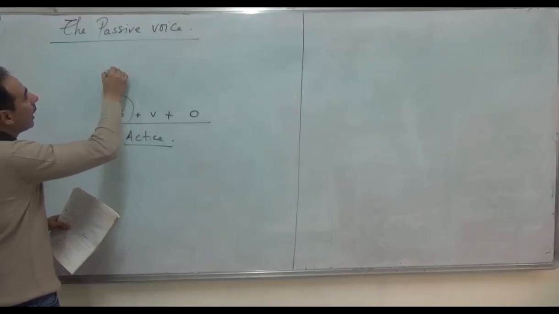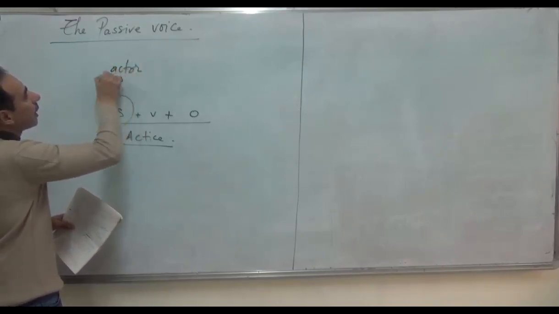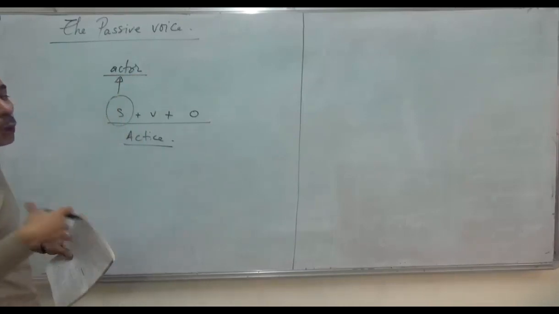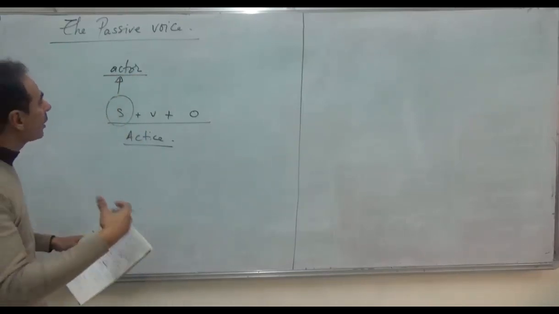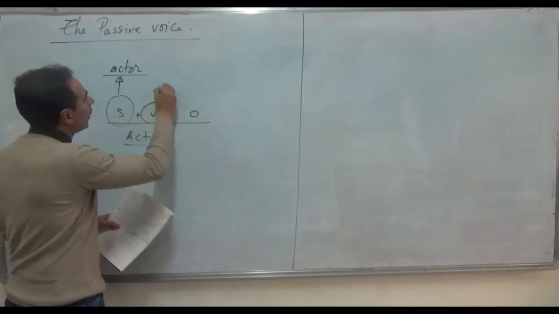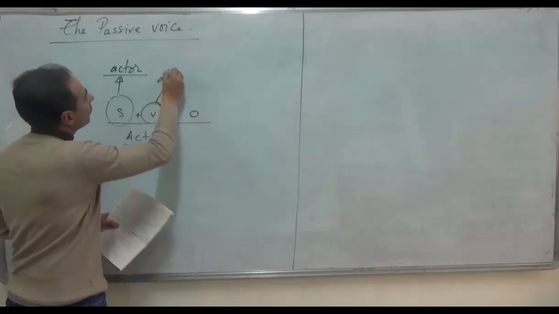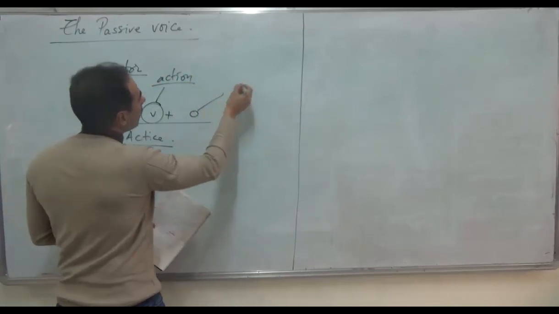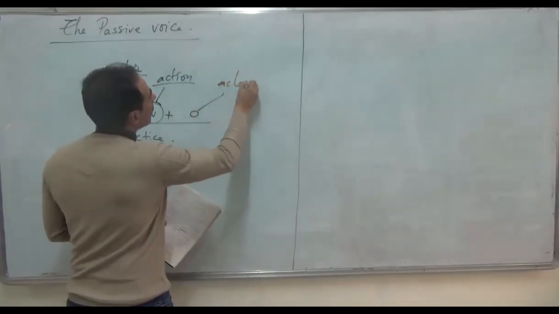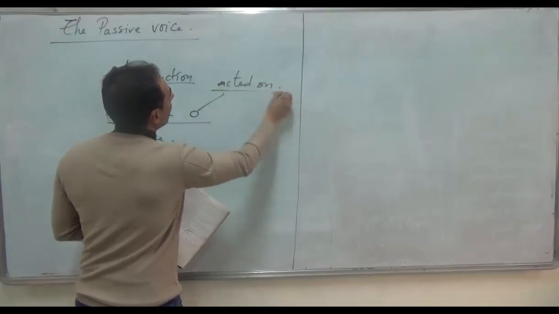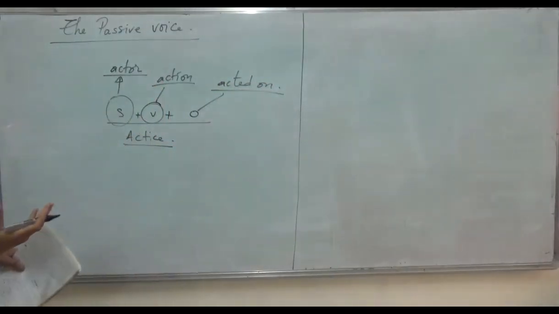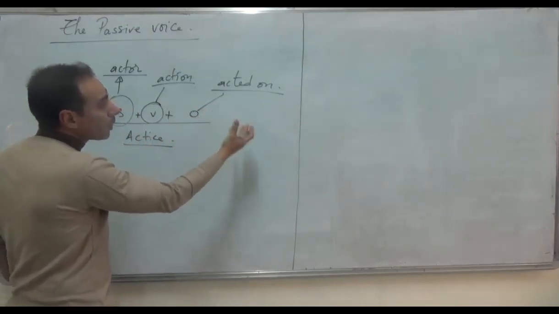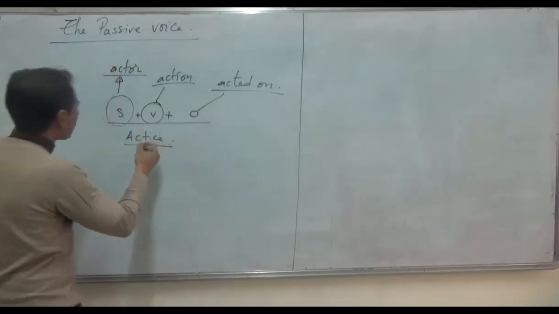We call it an actor. An actor means the thing or the person that acts, that does this action. The verb represents the action, okay, and the object is the particle acted on. Acted on, it may also be a person or a thing.